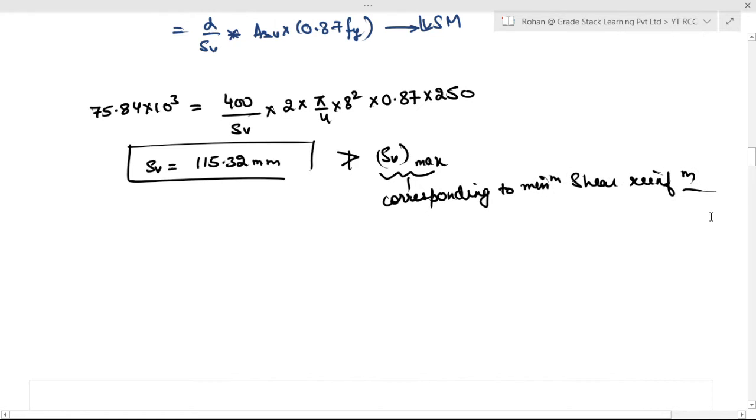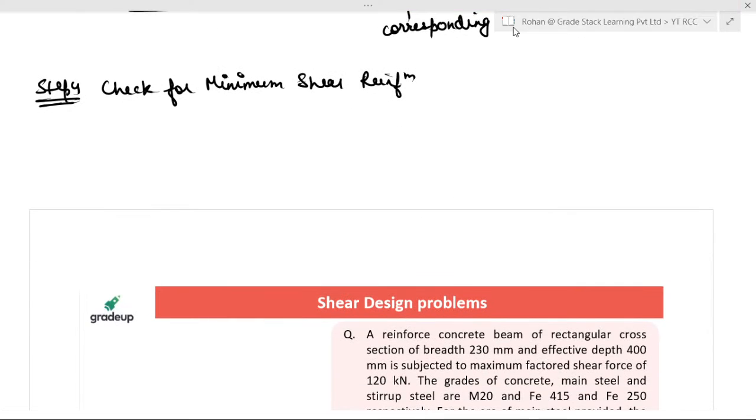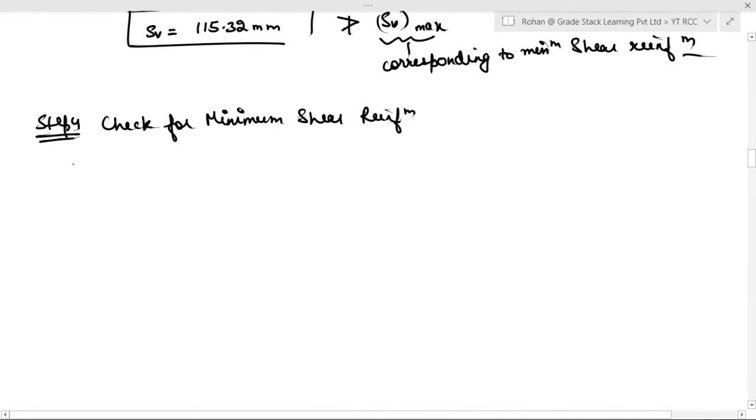It shall not be more than this value. So step 4, check for minimum shear reinforcement. See guys, this is a GATE previous year question. You have to do all these checks, otherwise you are not going to get the right answer.